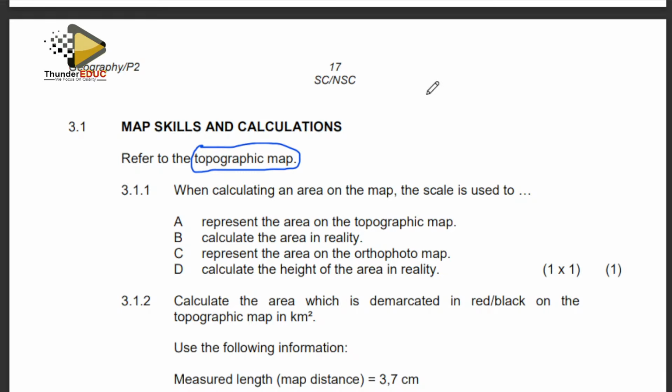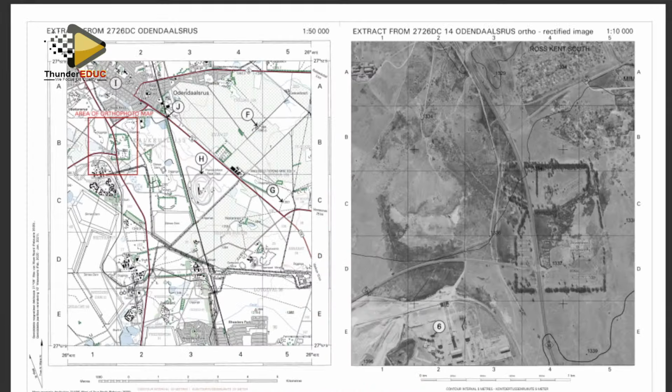Since the question is asking us to refer to the topographic map, we quickly look at the topographic map. So here are the two maps that we are supposed to use. This is the topographic map, and this is the orthophoto map.